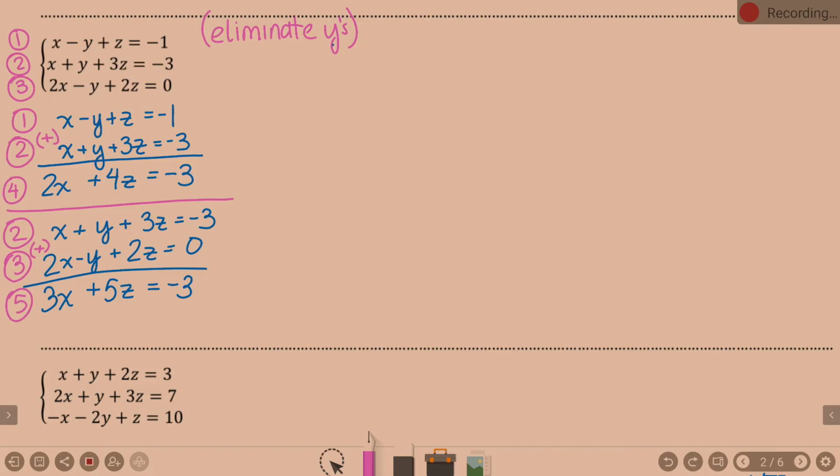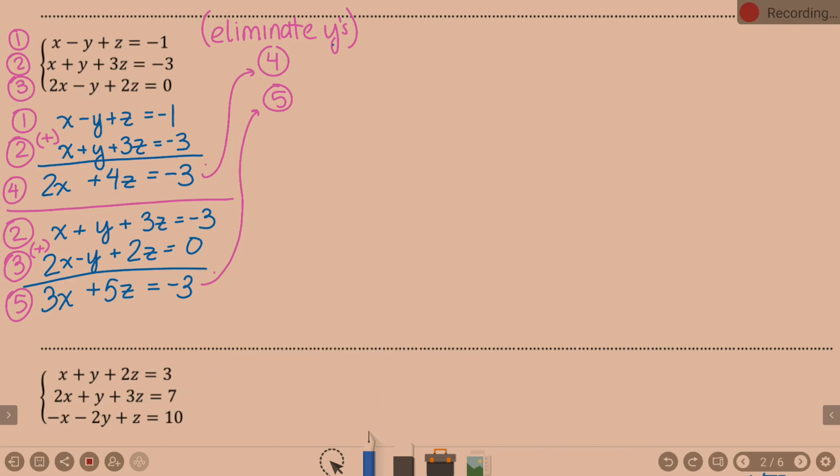This is a typical problem because we have an equation 4 and equation 5, neither of which have y's in them. They both have x's and z's. So I'm going to take equation 4 and put it over here, and take equation 5 and put it over here, and we're going to look at these two together and see if we can come up with a plan for our next part.